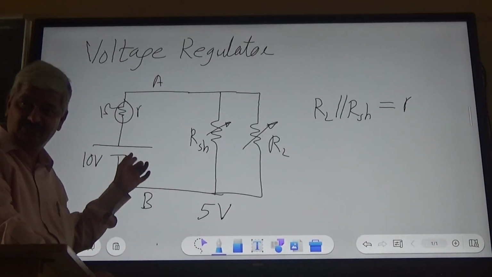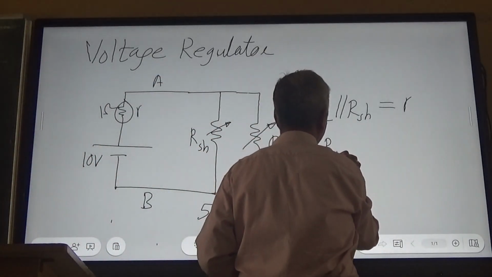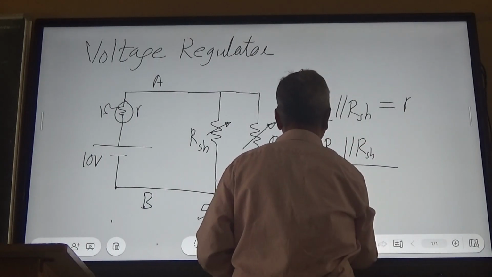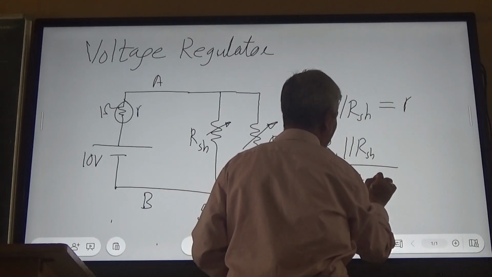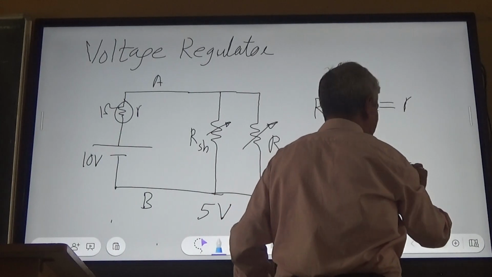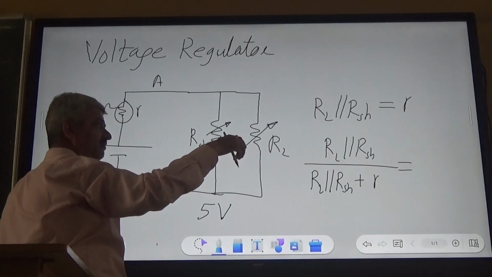Because otherwise, what is the formula? RL parallel RSH upon RL parallel RSH plus R must be equal to what? Must be equal means this voltage, you want this to be 5.